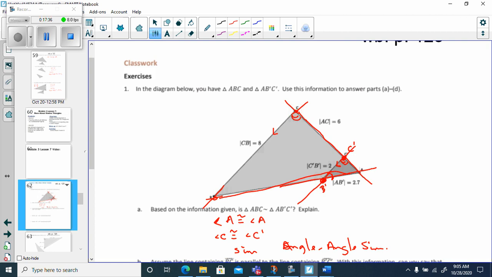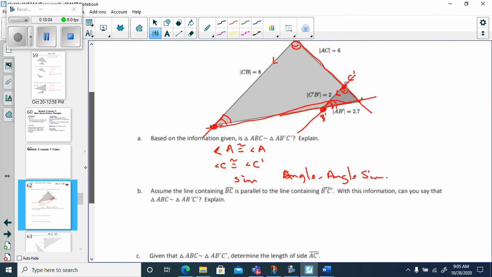Okay, this angle here and this angle here are also corresponding angles. They're in the same relative locations at these intersections, and they would be congruent because the lines are parallel. So you can prove all three of them congruent, actually. When you're dealing with a situation where you've got parallel lines and you've got a triangle within a triangle, then the two triangles are similar, okay?